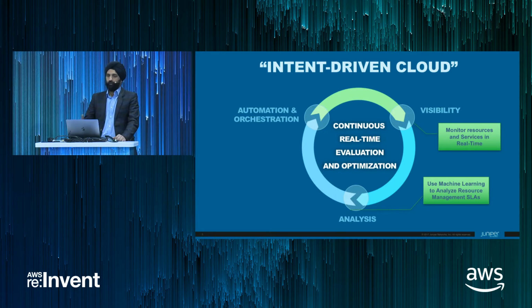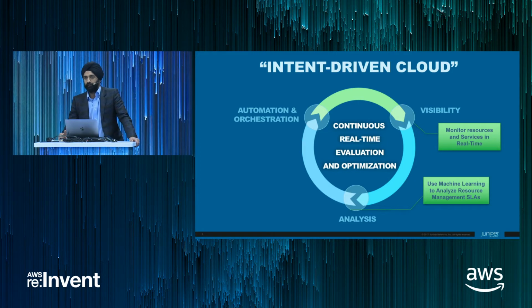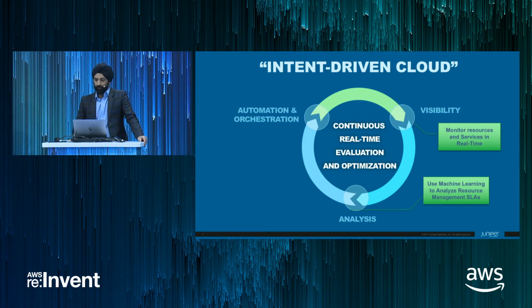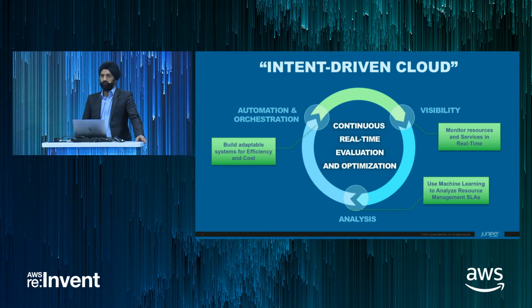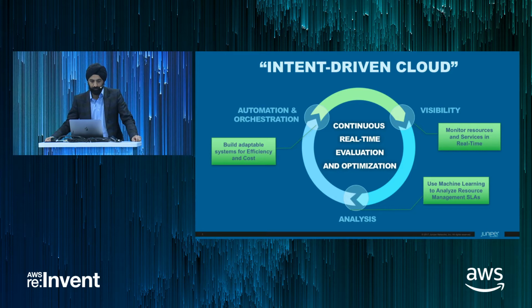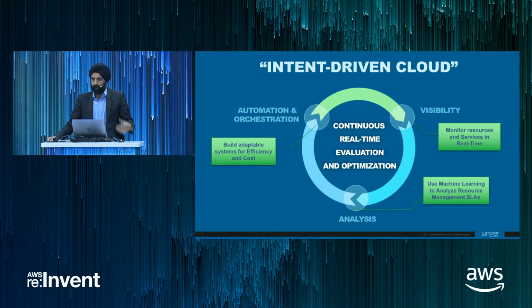Therefore, AppFormix also automatically delivers the machine learning in real time to convert the raw telemetry into insights, which can then be consumed to do better management of your cloud environment. Things like optimizing for cost, optimizing for performance, whatever it is that you want to achieve, you can achieve it using the visibility, the machine learning, and the automation that's available in AppFormix.